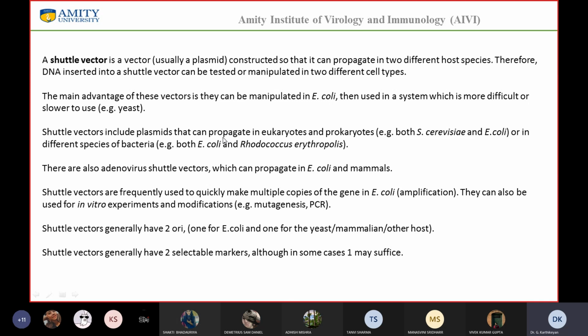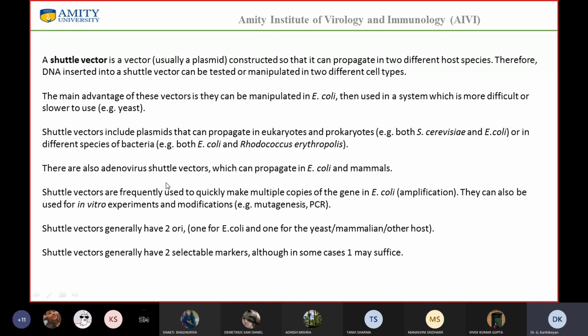Rhodococcus is a very difficult to grow bacteria, unlike E. coli. So you can't be doing all the cloning and manipulation, but instead you can do almost all the steps in E. coli, and then you can transform Rhodococcus and see the gene function. That is why this is called a shuttle vector, which shuttles between E. coli and another bacteria.